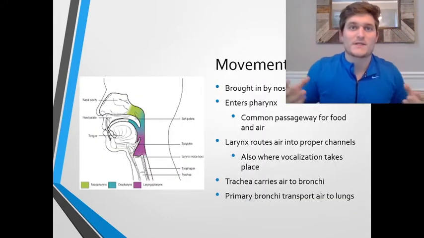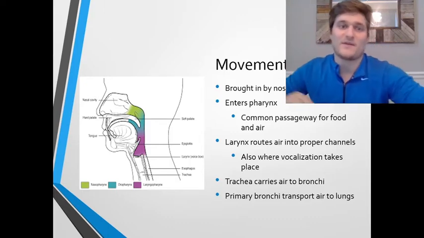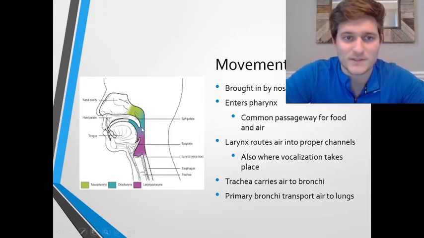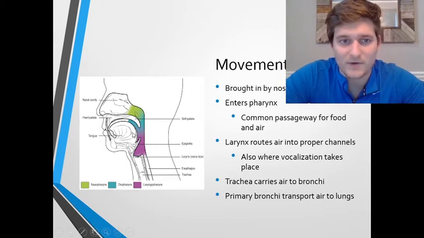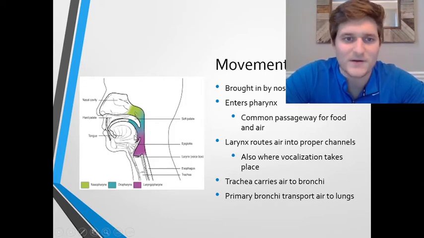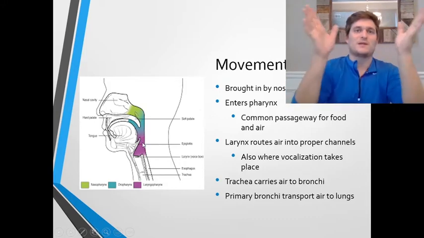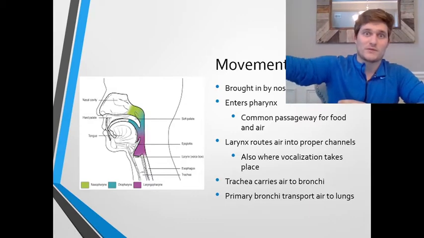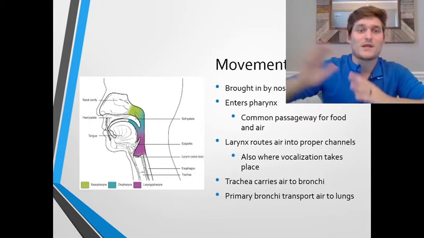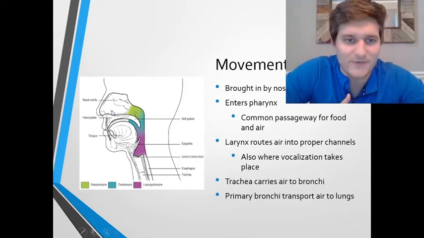We are going to conduct air through our nose and our mouth from the atmosphere, and that air is going to start to enter the back of our mouth and this little area here called the pharynx. And so once that air makes its way through the pharynx, it will then head towards the larynx. And this is where ultimately air is going to either go down its pathway through the trachea, or food and liquid will go down its pathway through the esophagus.